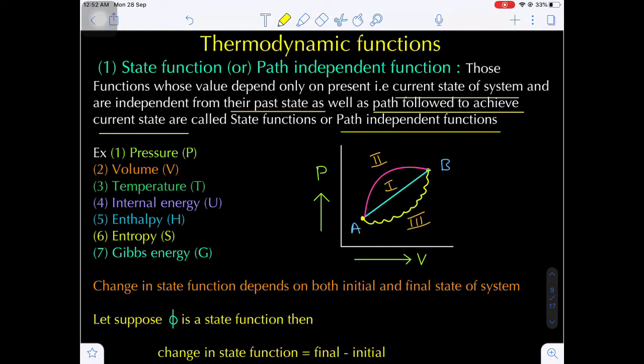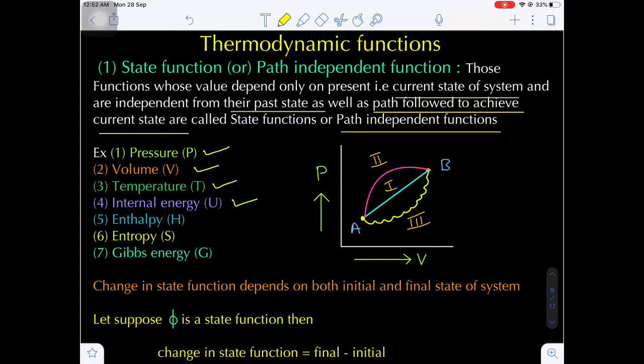There are different types of state functions or path independent functions. Number one, pressure. Number two, volume. Number three, temperature. These are the state variables, and they are also known as state functions. Apart from these three, there are another four important thermodynamic state functions. What are those?